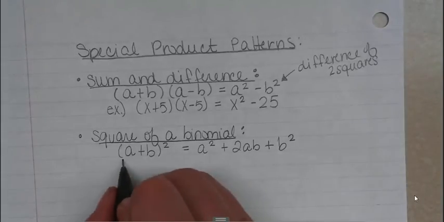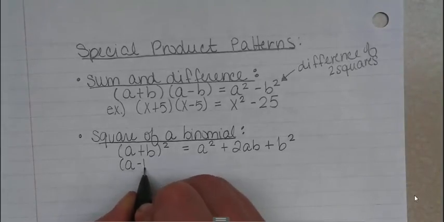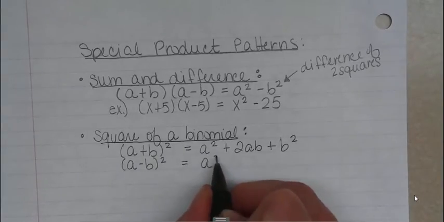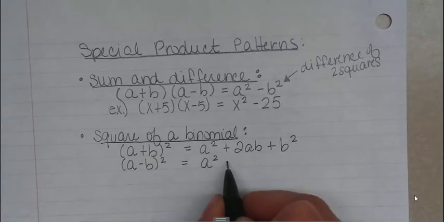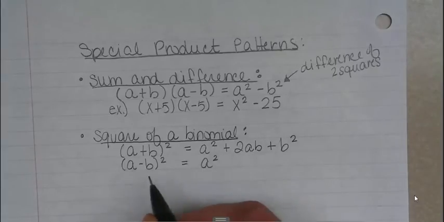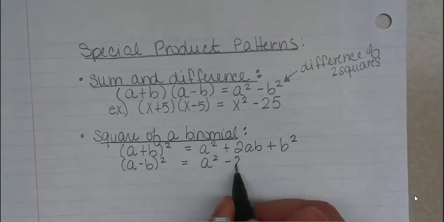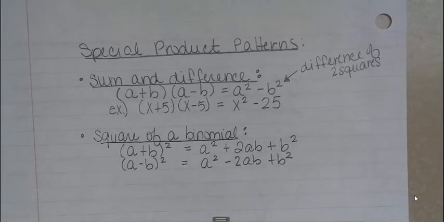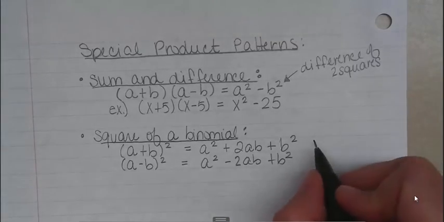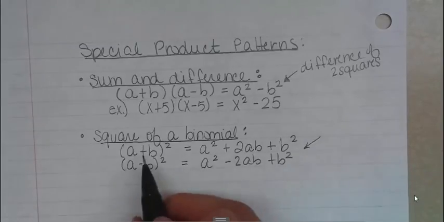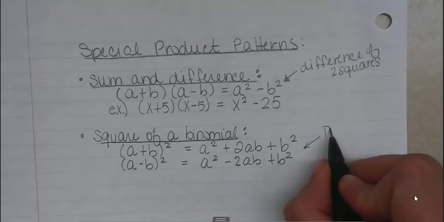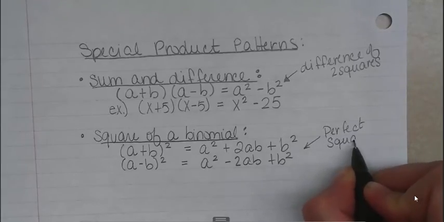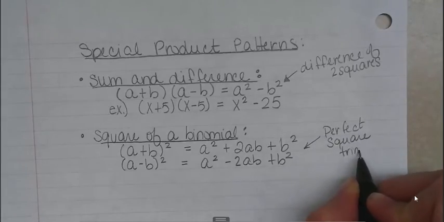And the same would be true with a different sign, like subtraction, right? It'd be the exact same pattern. Only one thing's going to change, and that happens to be the sign of the inners and outers when they're combined. So it's minus 2ab plus b squared. Okay, so what you get here, when you multiply a square of a binomial, you get the perfect square trinomial.